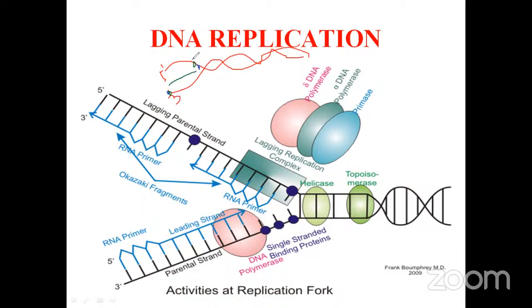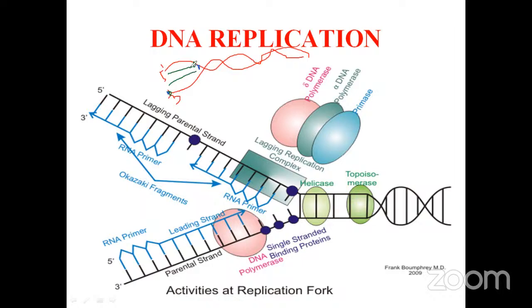What happens on the opposite side, this strand? Where is the 5' end? Does the new DNA strand start from this side or this side? Where is the 3' end? This side, here only. So from here it should be 5' to 3', this direction.